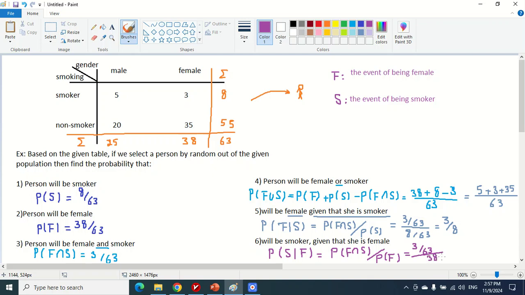Again this 63 is cancelled from the numerator and denominator, and the result will be 3 over 38. So this 3 over 38 determines these things as well.